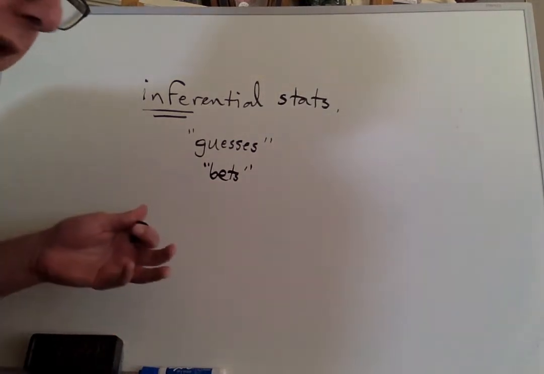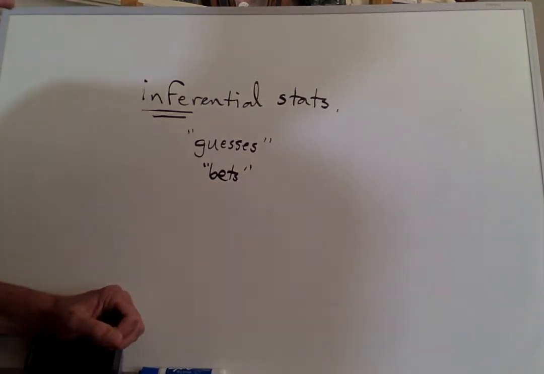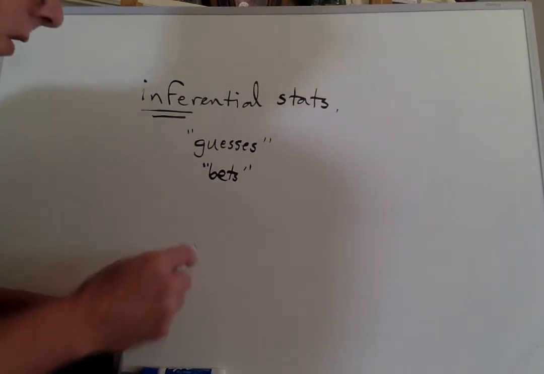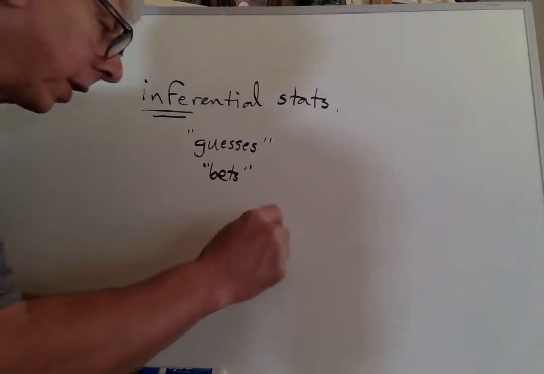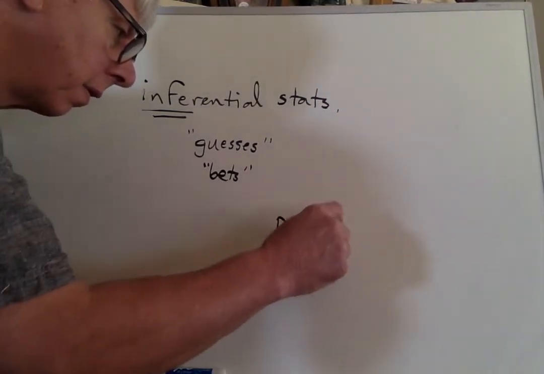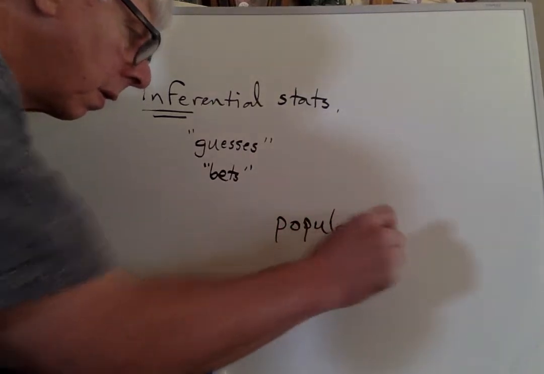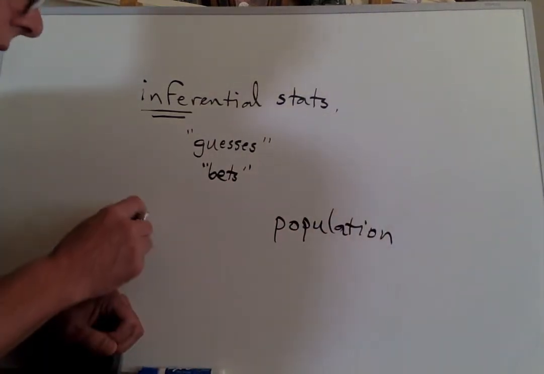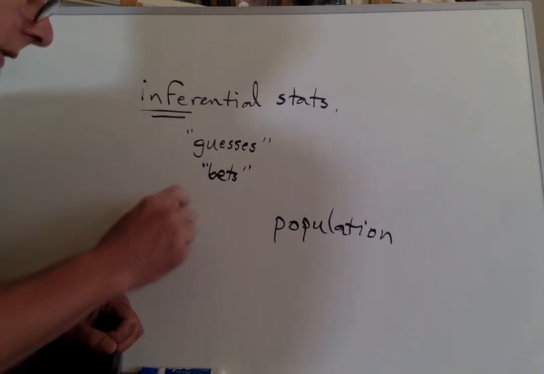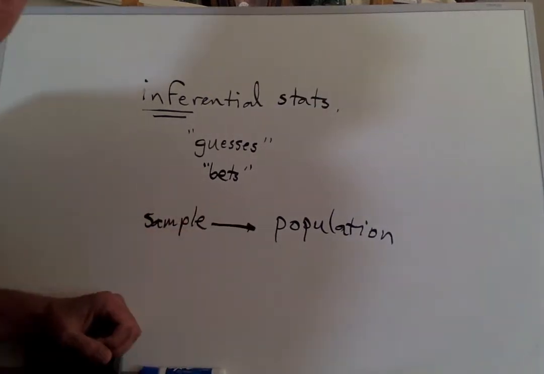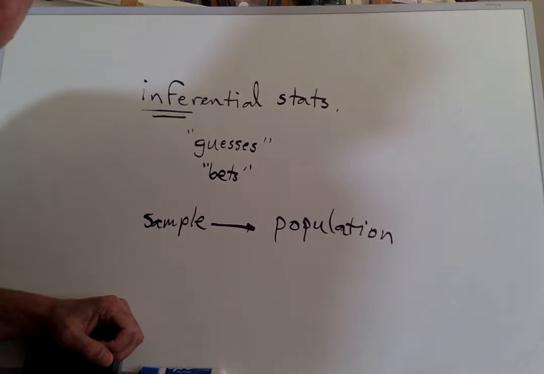Make some predictions. We're going to infer something about a population when we only have a sample taken from that population. Okay?